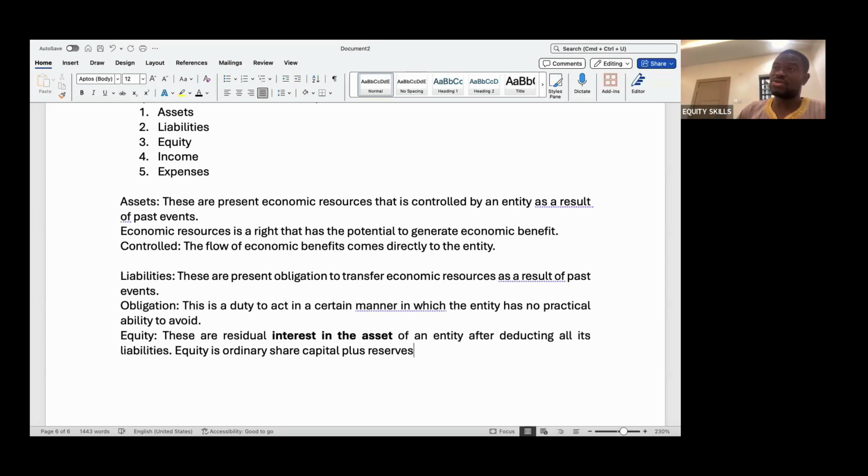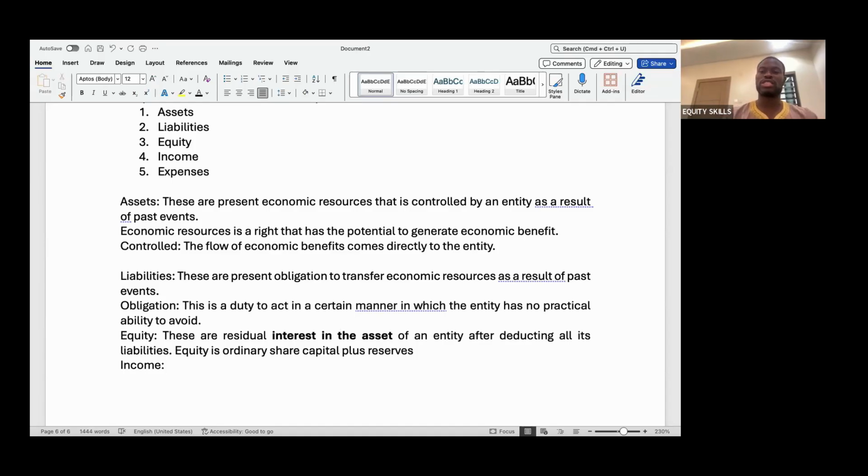That's not a liability anymore. Even if you borrow money from somebody and the person says, don't worry, when you settle everybody, settle me, that's equity. That's the economic substance of equity. Okay? Residual interest. I hope I'm making sense to you guys, because I really would not know where you are.